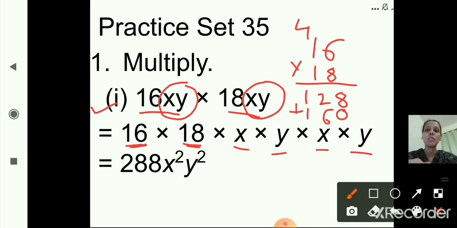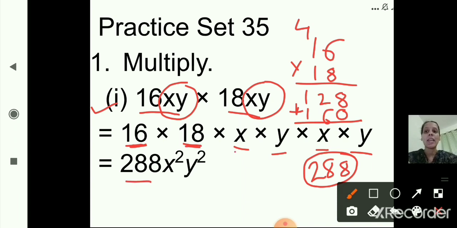So do the addition: 8 plus 0 is 8, 6 plus 2 is 8, and 1 plus 1 is 2, right? So 16 multiplied by 18, the answer is 288. And x multiplied by x, that is x square, and y multiplied by y is y square. So the answer is 288 x square y square.